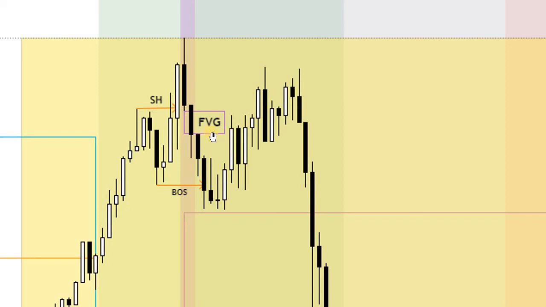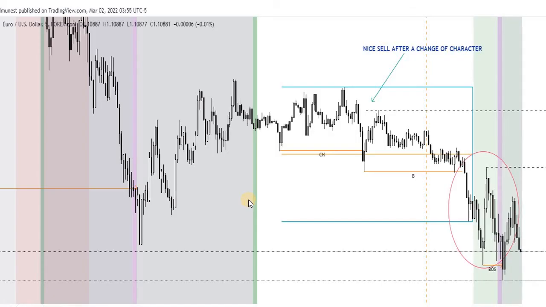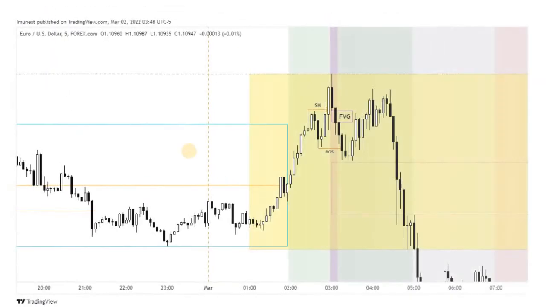So most likely there are very strong reasons why price may want to go down, and if you ask me, if I want to be very, very safe, I am going to place my entry just here. Okay, sorry, very sorry about that.